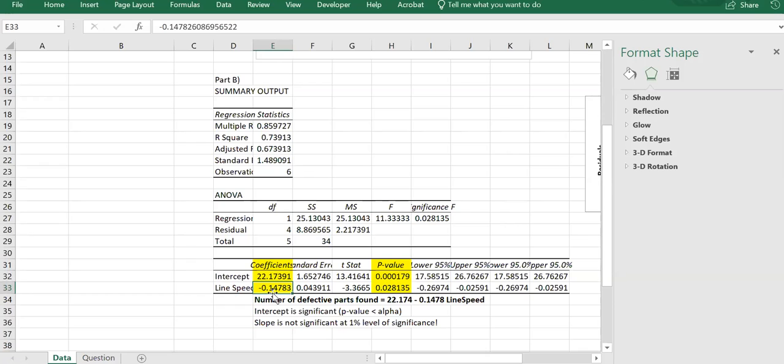So 0.15 unit is going to be the decrease in the number of defective parts found if the line speed increases by 1 unit, right? So that's the interpretation of the coefficient.